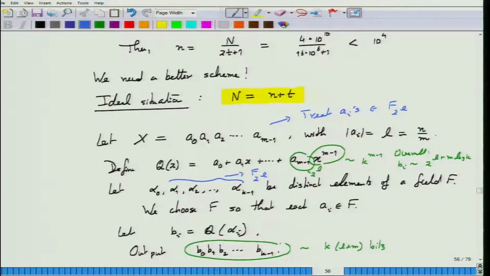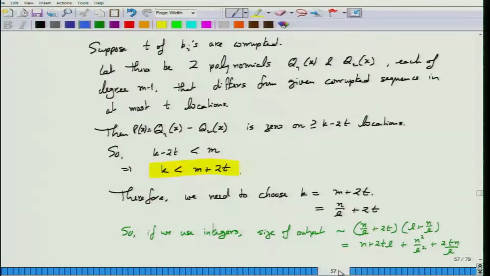And now, what is the size of b when we do this evaluation? Well, b_i is also in F_{2^L}. So it's just an L bit long number. So instead of this, we now get this to be exactly equal to k times L bits. Each b_i is L bits long, k of them, k times L bits. So now let's go to this side again.